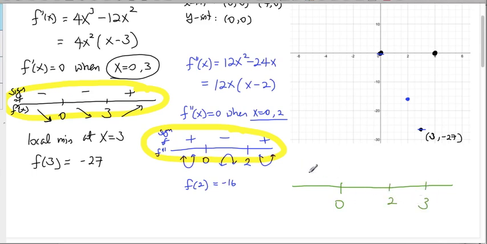So here, anything less than 0, your function is decreasing, and it's concave up. Between 0 and 2, function is decreasing. In fact, function is decreasing here as well, increasing over here. 0 to 2 is concave down. And anything bigger than 2 is concave up, so we can just write concave up here.